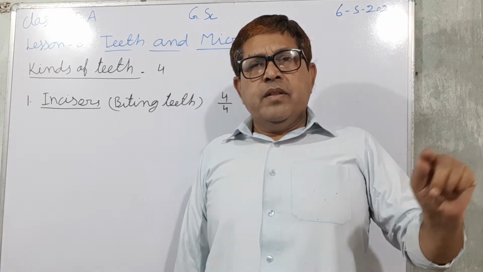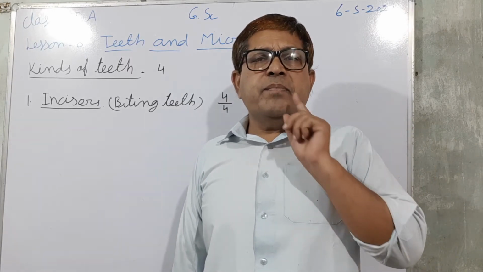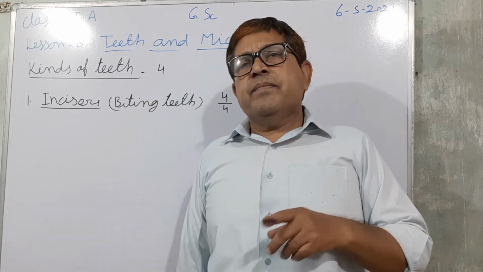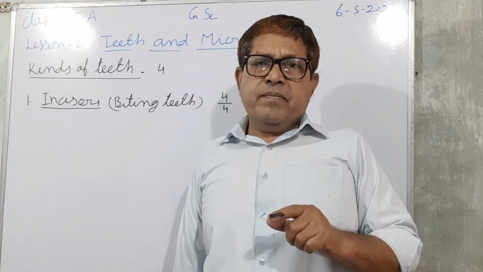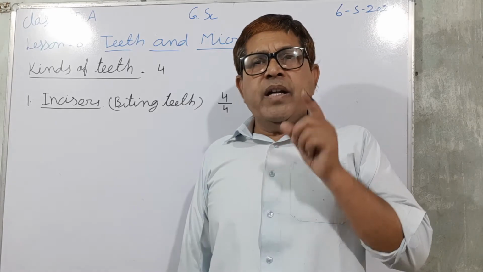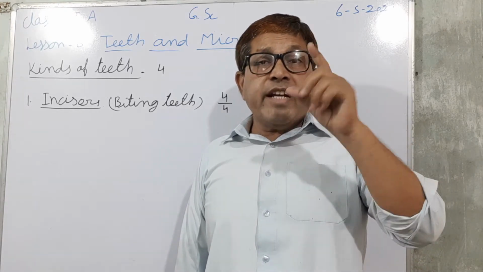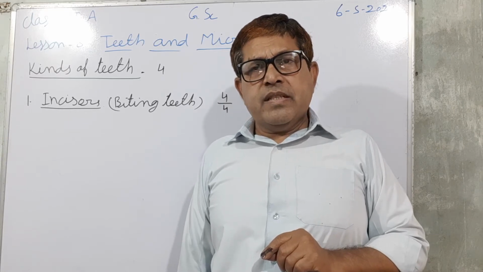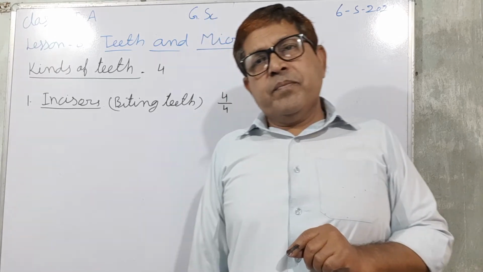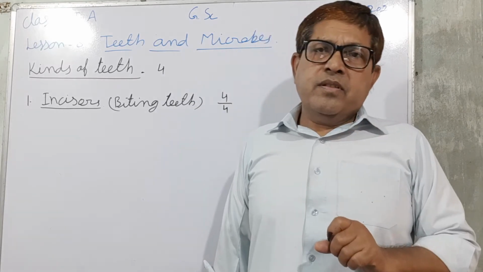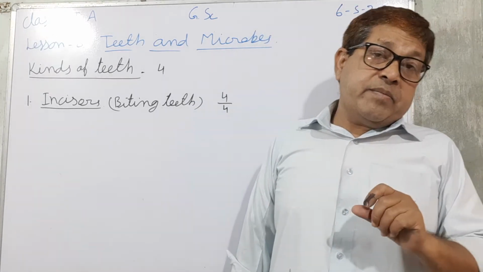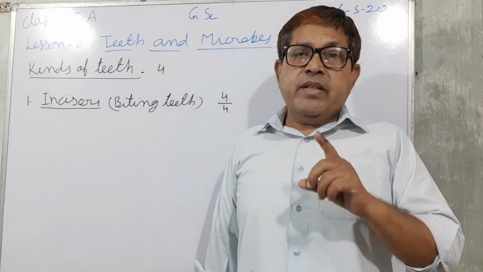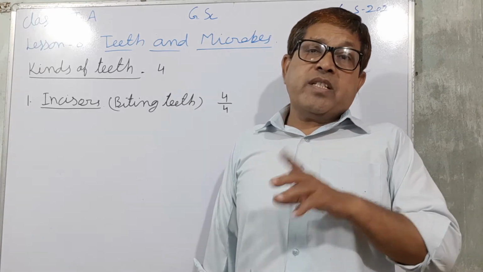In the cat, you have seen pointed teeth. These teeth are the canines. Canines are well developed in carnivorous animals. These teeth are responsible for tearing the food, tearing the flesh when it is meant. So they are very well developed in carnivorous animals.